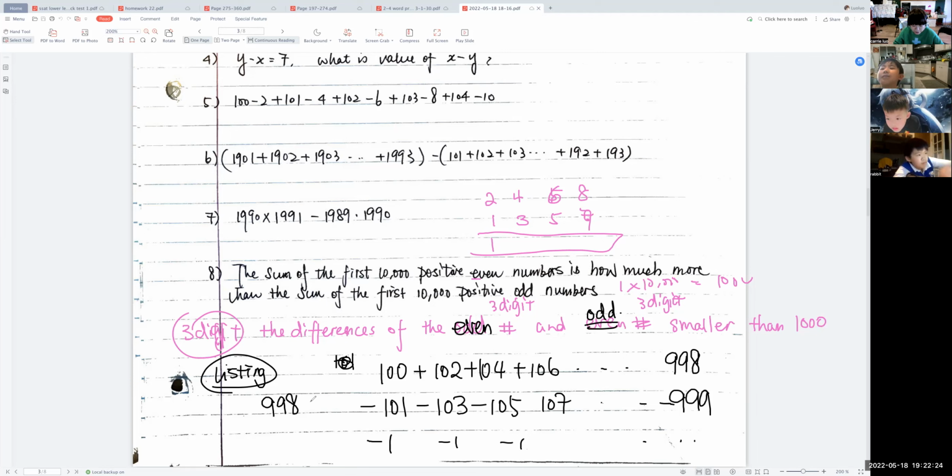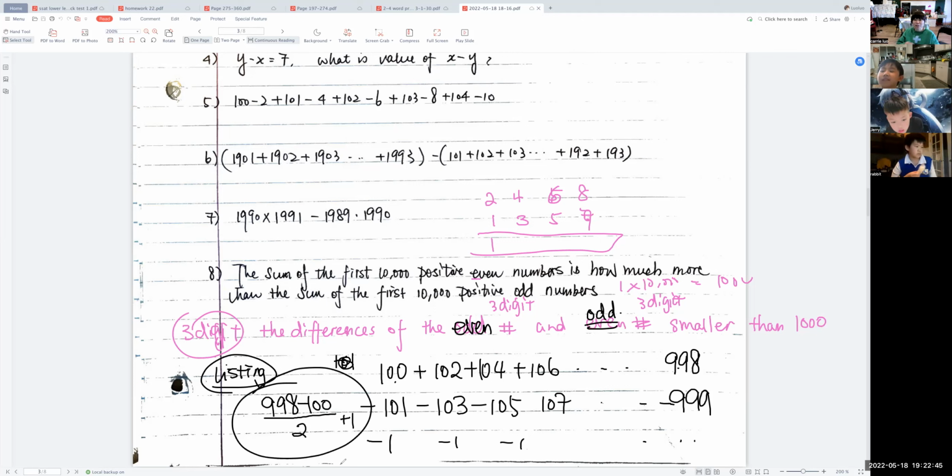Because 998 minus 100, divided by what? The last one minus the first one, divided by the differences, 2, plus one.